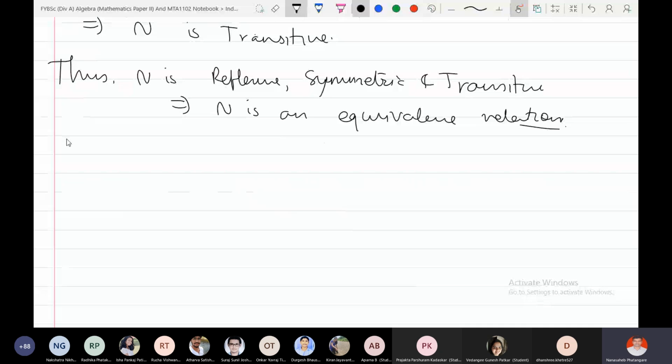Now, the next job is to find equivalence classes.